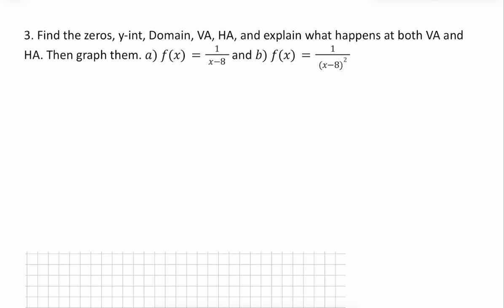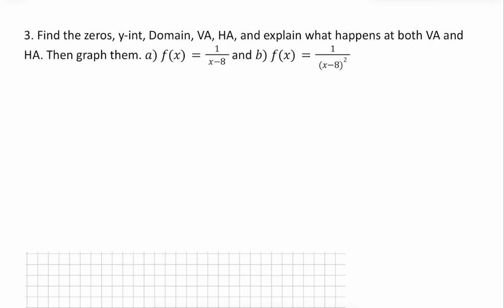So now we're going to go back to our graphs that are related to our parent function. It says to find the zeros, the y-intercept, the domain, the vertical asymptote, and horizontal asymptote, and explain what happens at both vertical and horizontal asymptotes. We have these functions to graph.